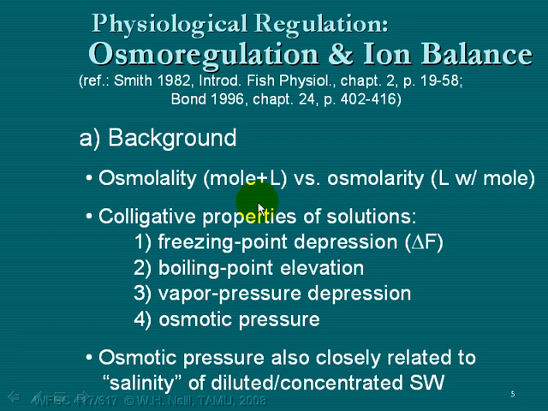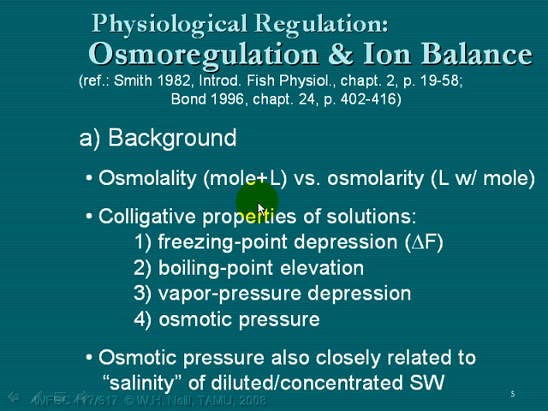Let's talk about some background that's probably already familiar to most of you. First of all, how do you measure things that are related to concentration of osmotically active materials? The two measures that are commonly used are osmolality and osmolarity.